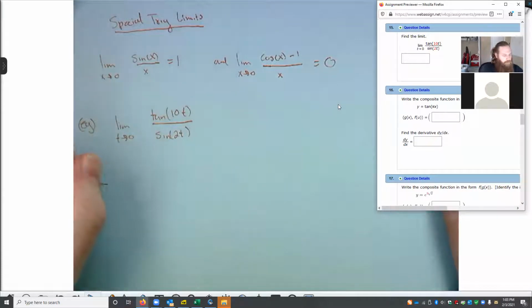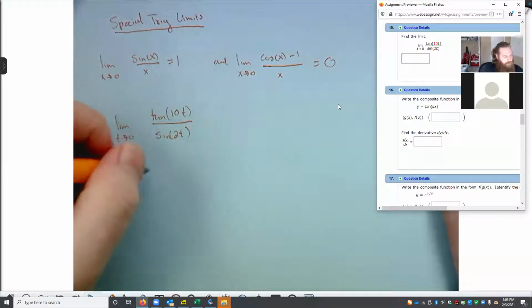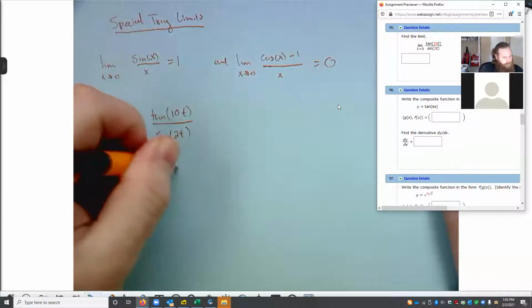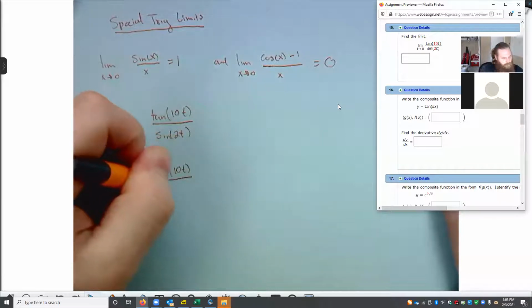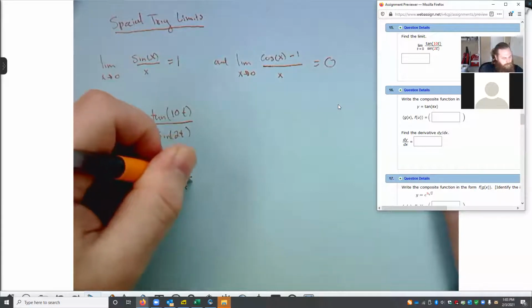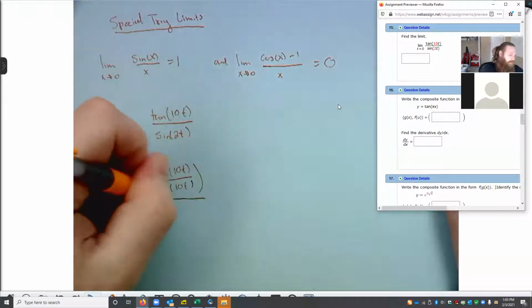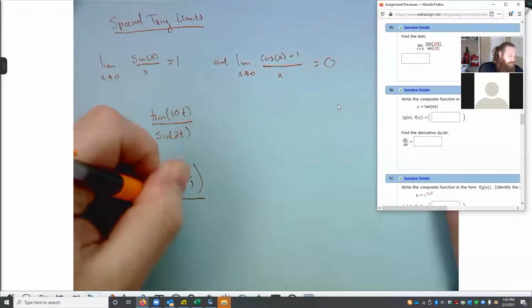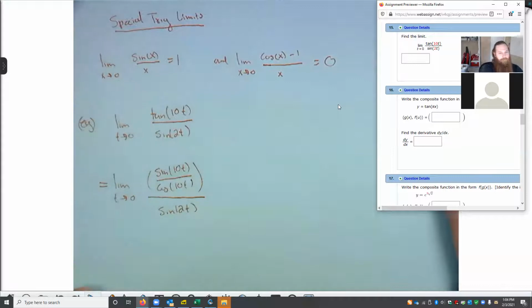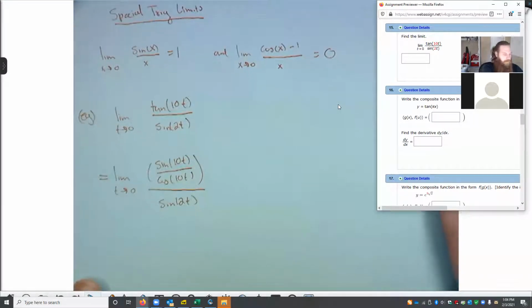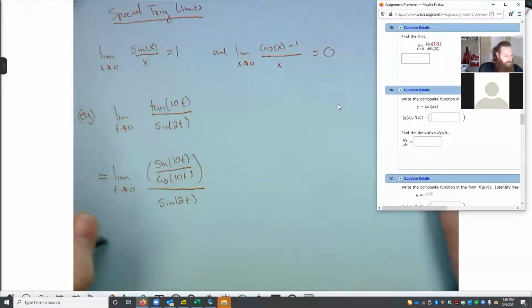So my first move would be to rewrite this as sine 10t over cos 10t, divided by sine of 2t. And then to start breaking things up.